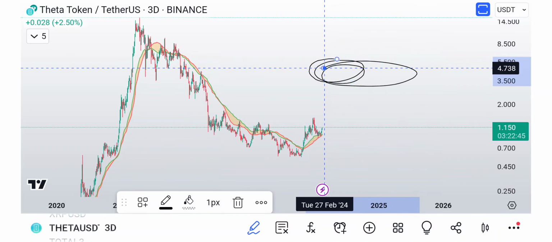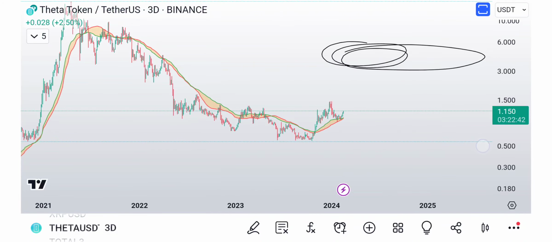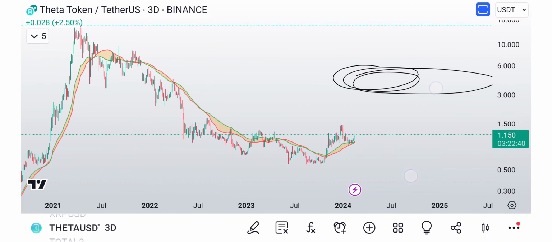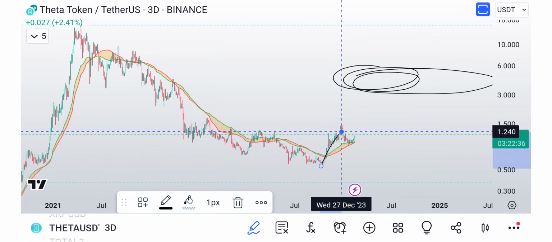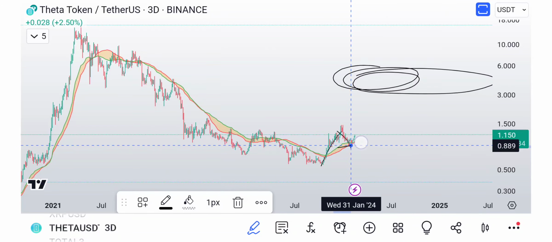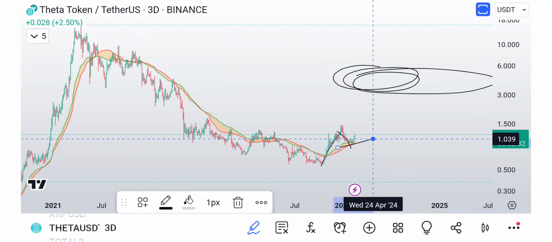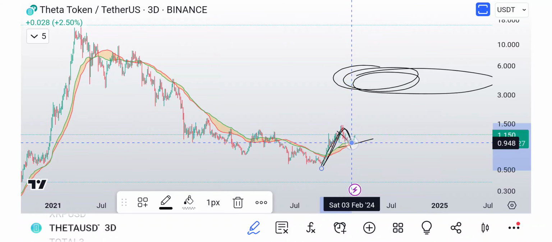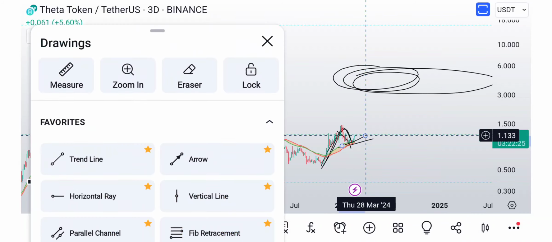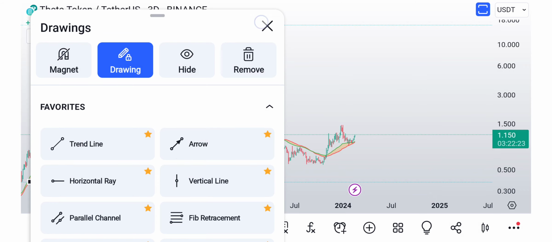Maybe it takes a little longer, but when you zoom out, you can see a beautiful impulse to the upside, a pullback to the bull market support. That's important. It's not just a break and a pullback. This is a break, a pullback into the bull market support band. But it's not just that either.